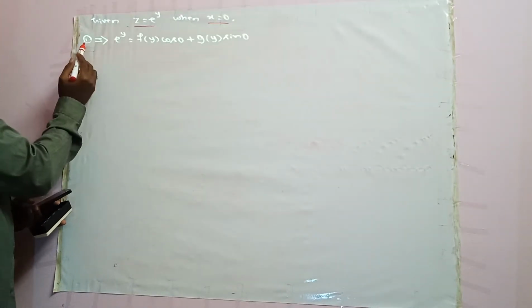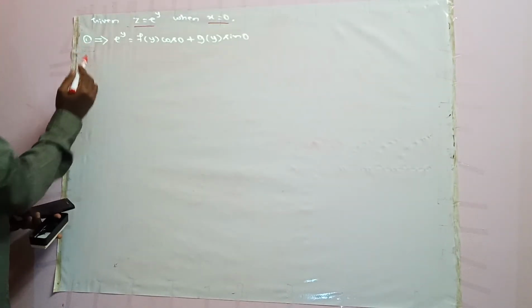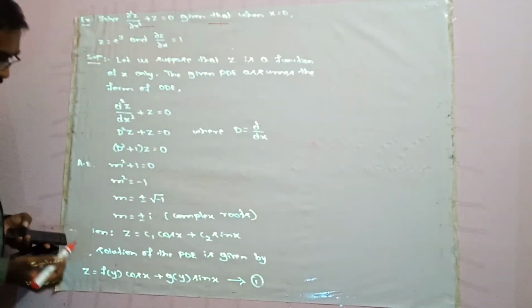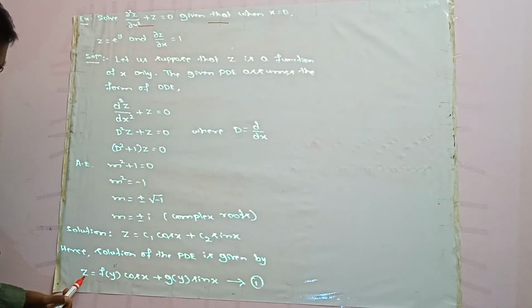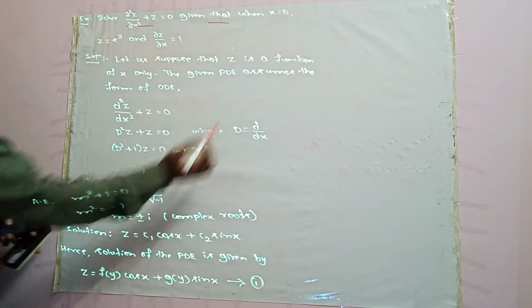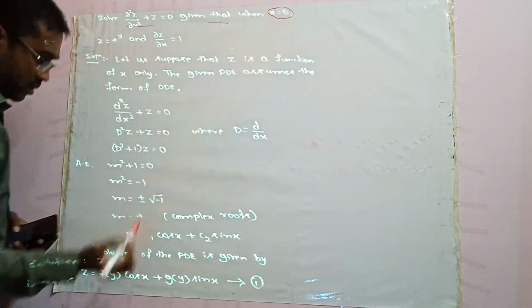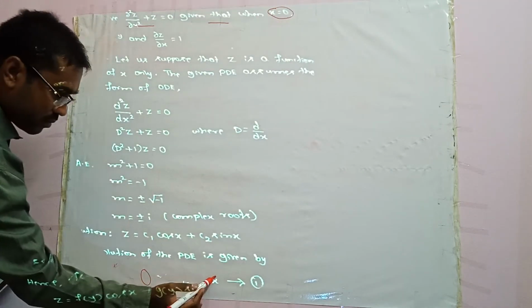So our equation 1 is this. In this equation 1, in the place of x we write 0.